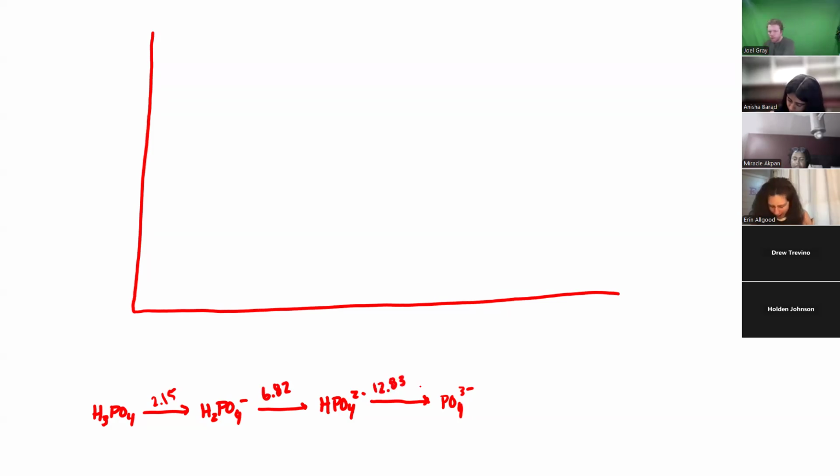Okay. So those are my 4 different forms of the molecule. I like to start out and ask myself the question, which of these is going to be the form of my molecule, A, B, C, or D, if I have an extremely acidic solution.